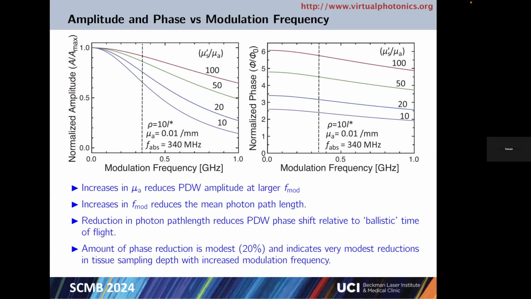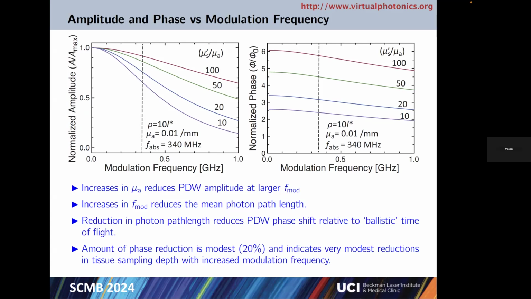And what this plot is showing you is that so long as you're below this absorption relaxation time, you actually don't see much change in the differential path length of the waves that you're detecting. But then once you get past that, you see this a little bit more in the 100 phase. You see a more accelerated decline in the phase.